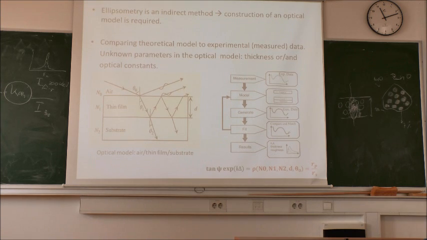In the optical model, we should consider the thickness and optical constants of all individual layers. And as the optical model is constructed, then unknown parameters, thickness or optical constants, are varied until a good fit of calculated values to the experimental data is achieved.